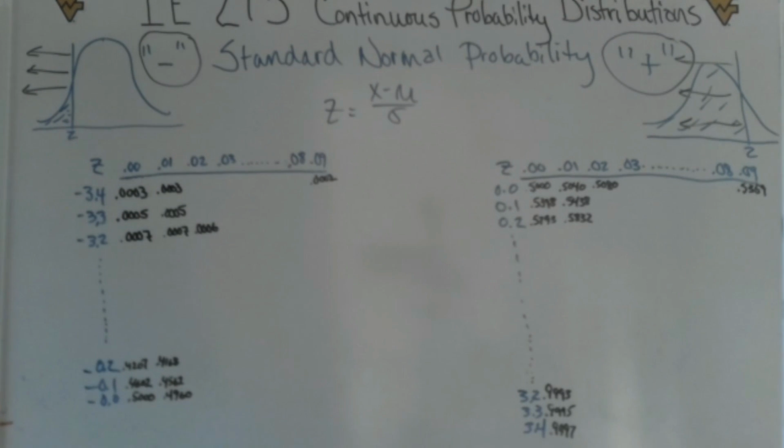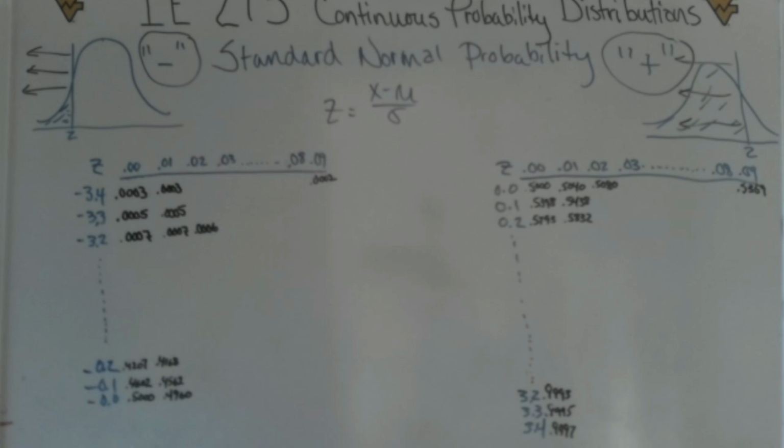How you read these charts: the first thing you do when you have a problem is calculate a z-value. You're going to have an x, a mu, and a sigma. You may have a variance that you have to take the square root of to get your standard deviation, but you will calculate your z-value.